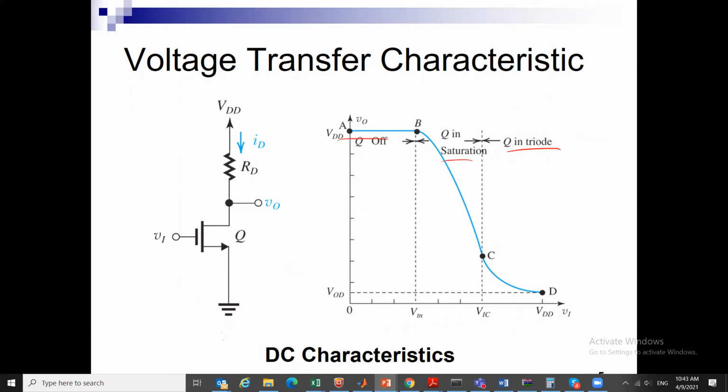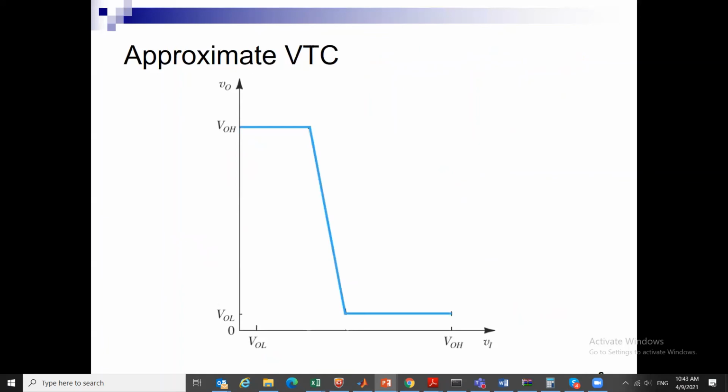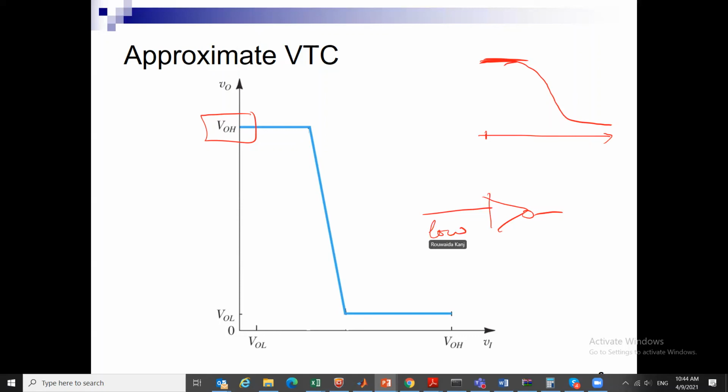Great. So now I have this transfer function. I can approximate it by a simple form. I know that for low input, I will have a high output. So this would be my VOH. If my input is low, my output is high and I get VOH.